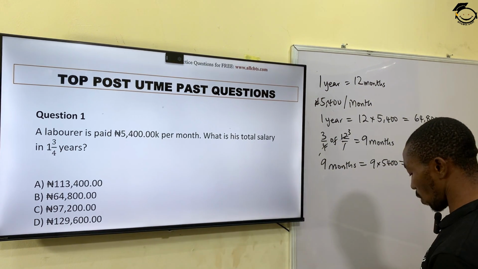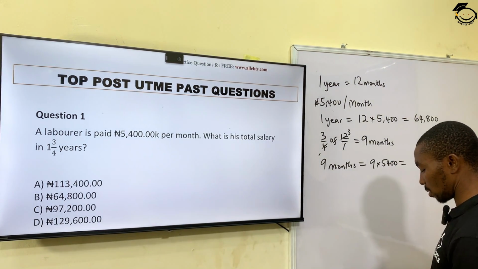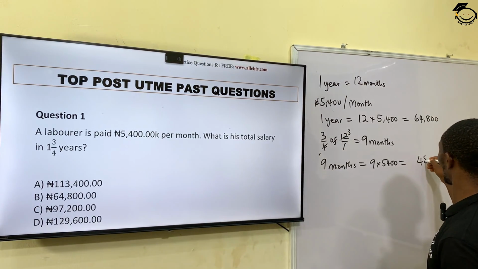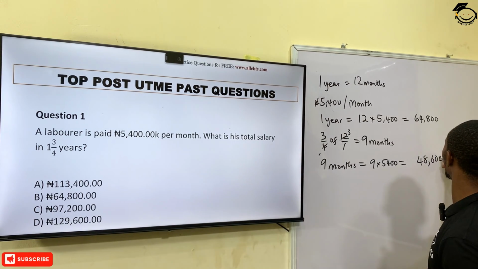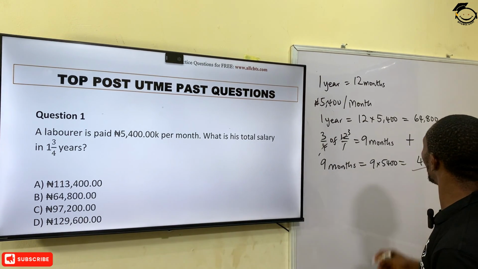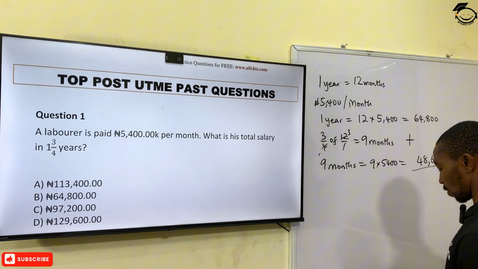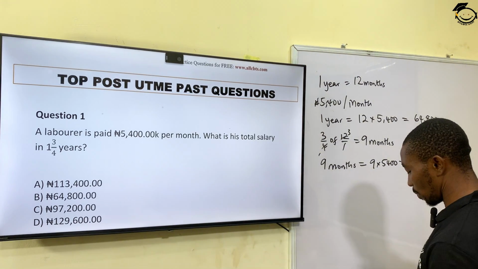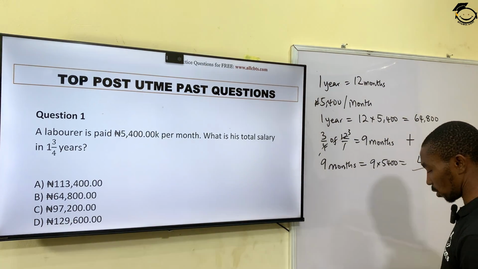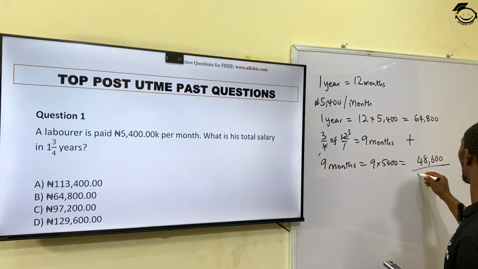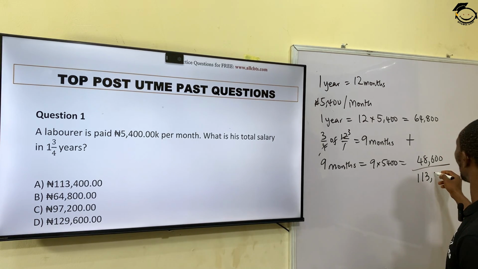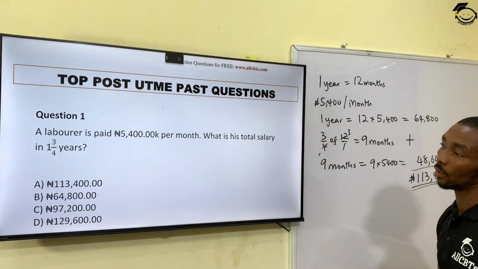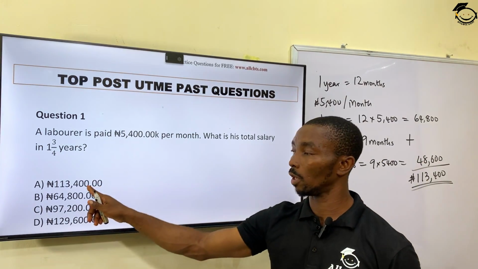Since that's his pay for 1 month, 9 times 54 gives us 48,600. So plus that of 1 year, 64,800 plus 48,600 will give us 113,400 naira. So that will be his pay for the year, which is our option A.